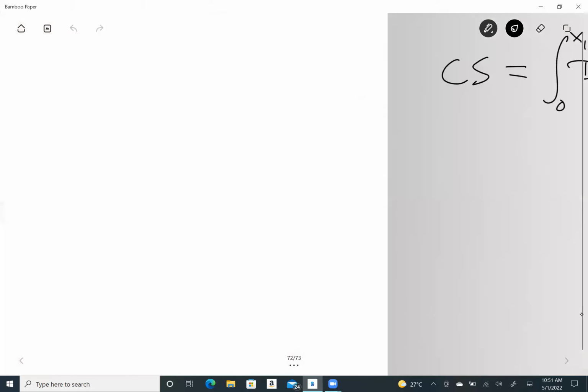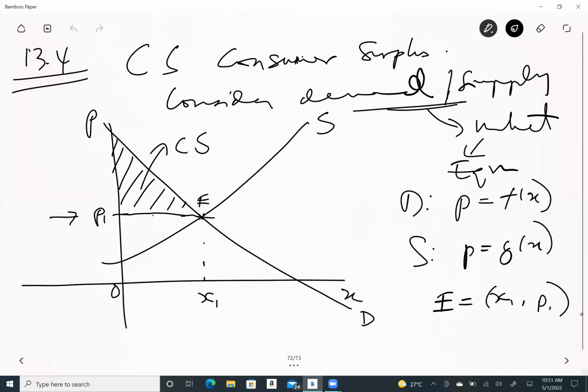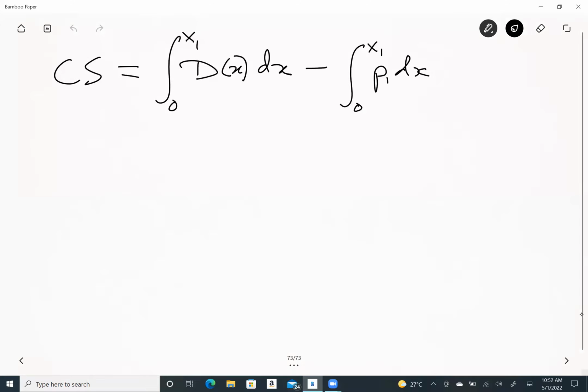So the consumer surplus is the area between the demand function and the market price, P1, from 0 to X1. So the interval is 0 to X1. The functions involved are the demand function and P1, a horizontal line. So that is consumer surplus.